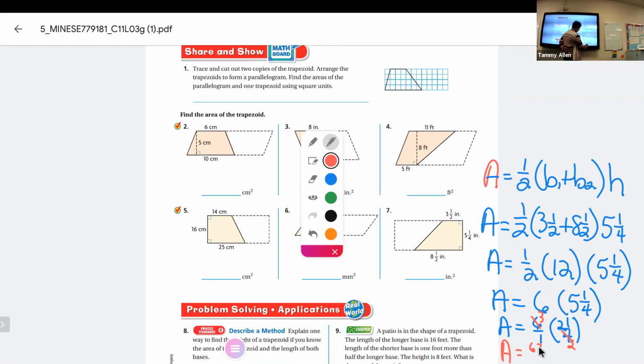What's 1 times 2? 63 halves is equal to what? What's 63 divided by 2? 31 and a half. Do we have a label? Square inches?